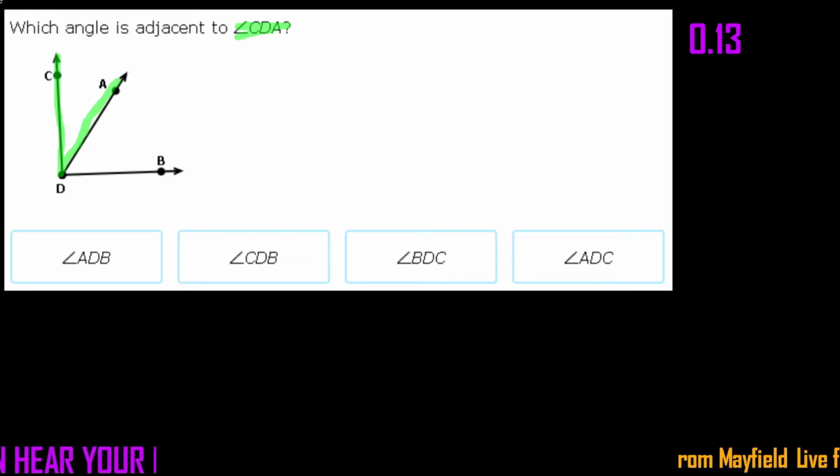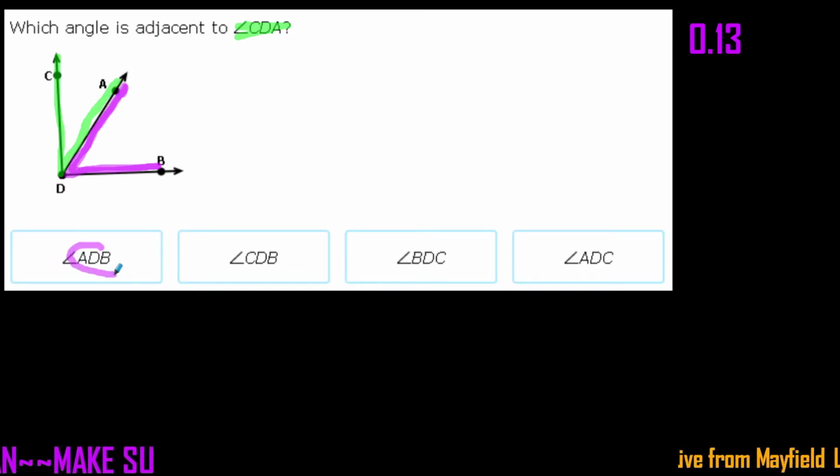And so we're looking for, very obviously, this angle here. So we're looking for angle ADB. And again, it could be switched, it could be angle BDA, but we notice that the vertex is the same. So we have that angle ADB that is adjacent to this angle. Again, adjacent just means next to.